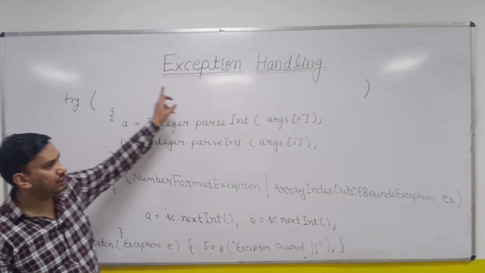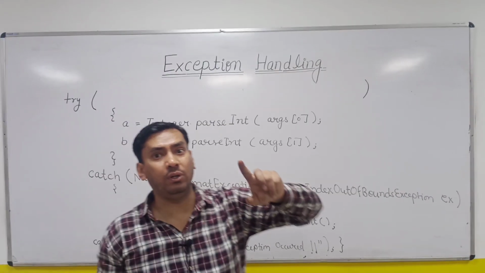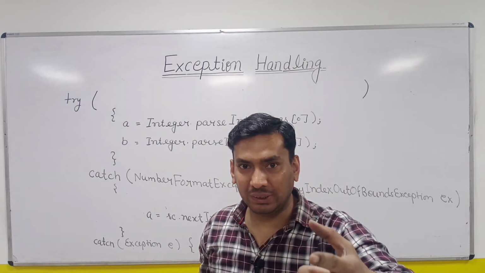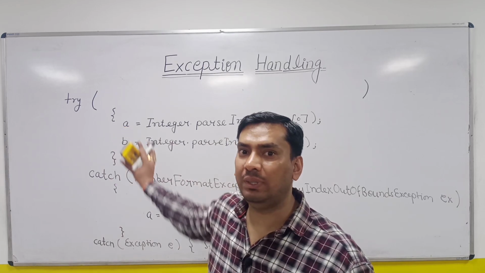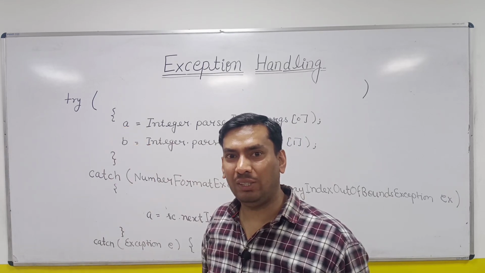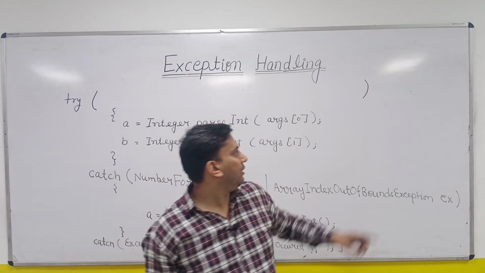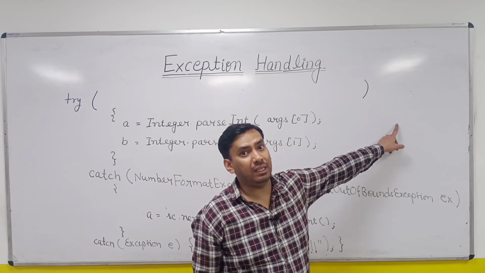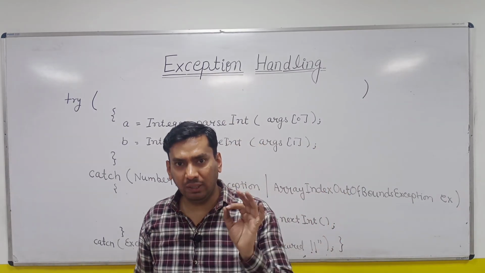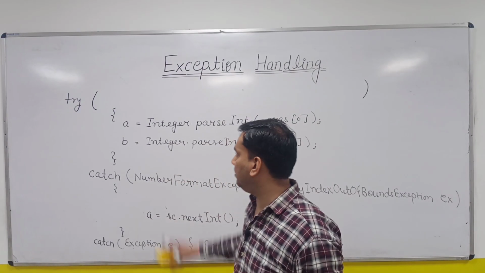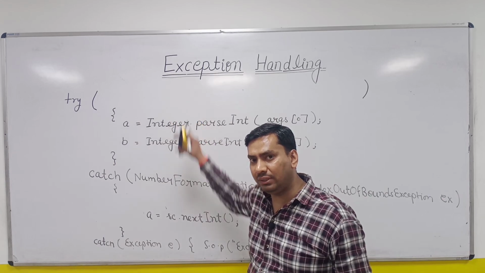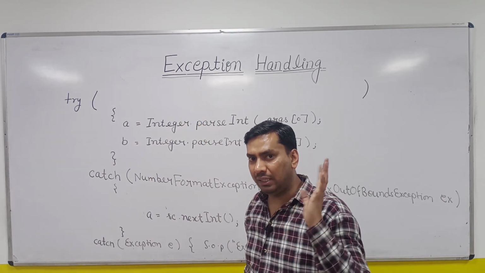But in this parenthesis you can create the objects of only some resources. You cannot create the object of an employee class. You cannot create any other class object. Which class object can you create? The class which is a subclass of AutoCloseable.